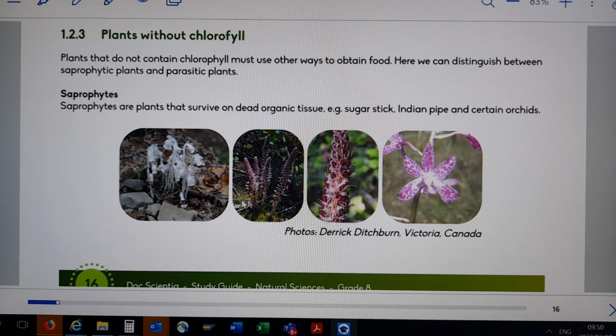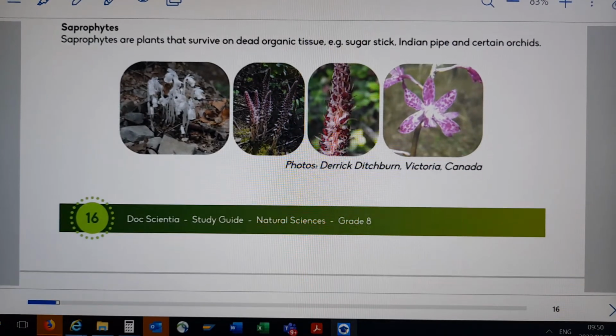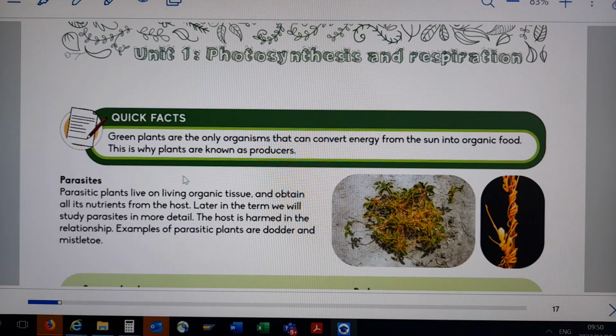We see these examples of plants that are saprophytes. And they say green plants are the only organisms that convert energy from the sun into organic food. This is why plants are known as producers, because they can convert energy from the sun into food.